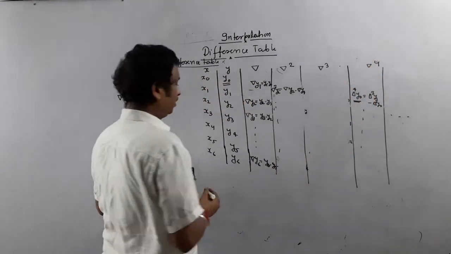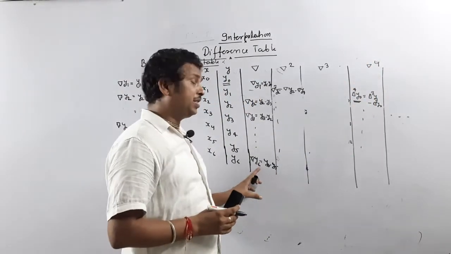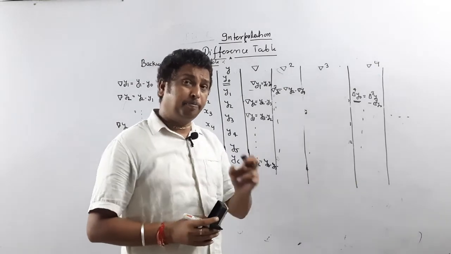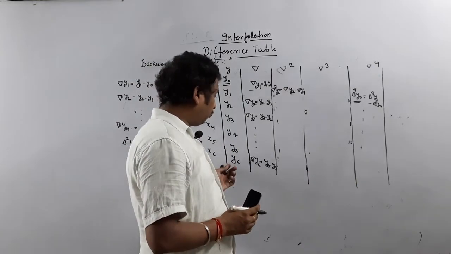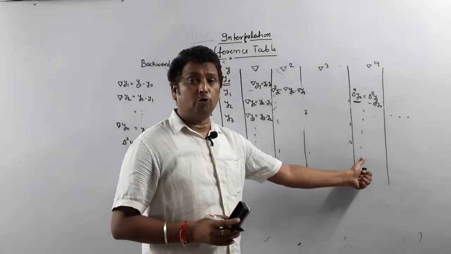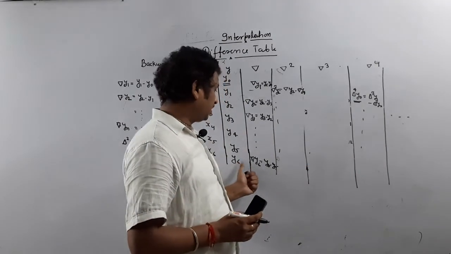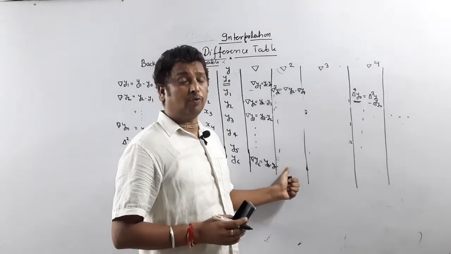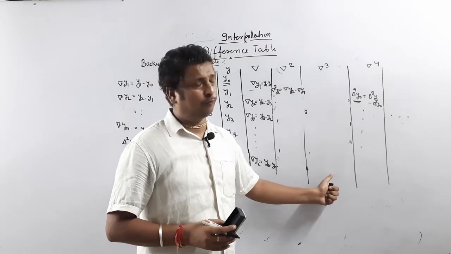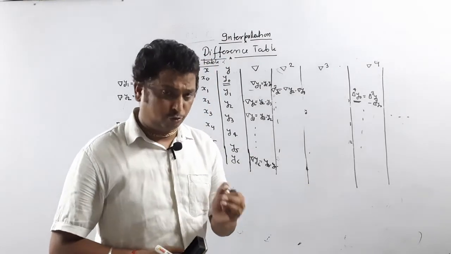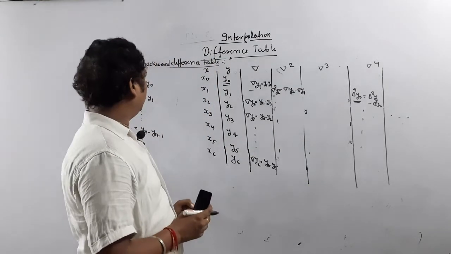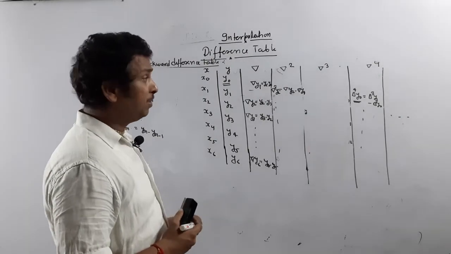In the last, what is it? y6 only. And in backward difference, we focus on the bottom values, meaning y6, del y6, del square y6, del cube y6, del 4 y6. So hope you understand.